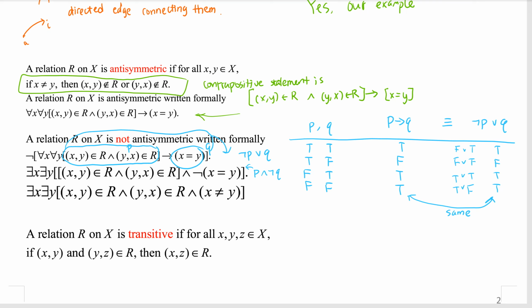That's why we get this last statement. So far so good, everybody?